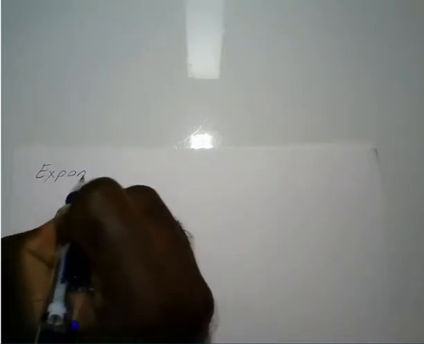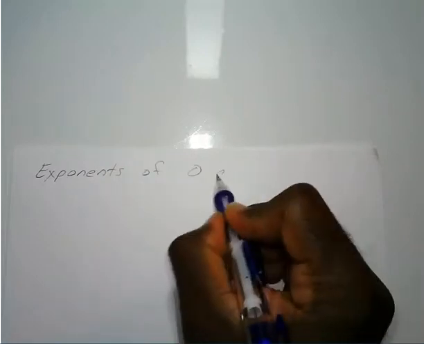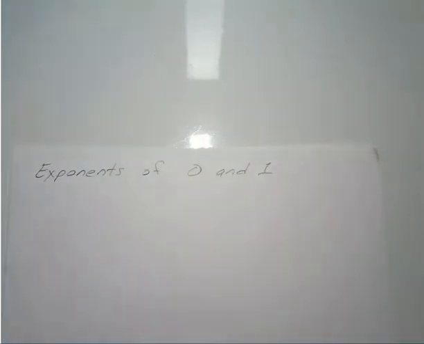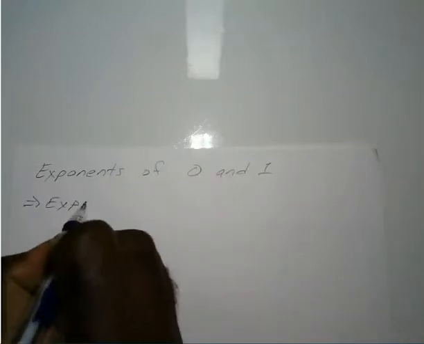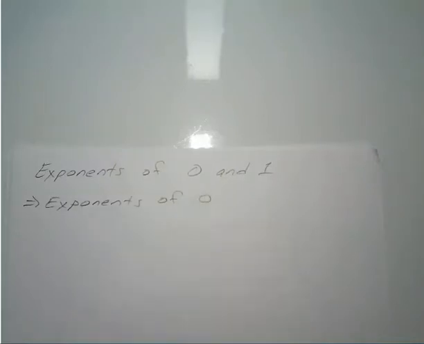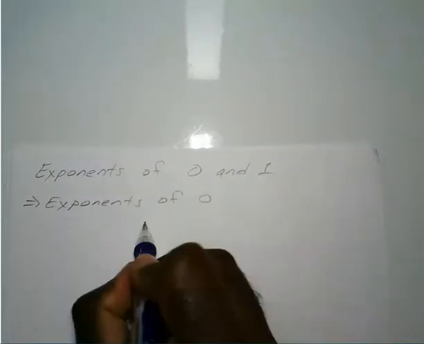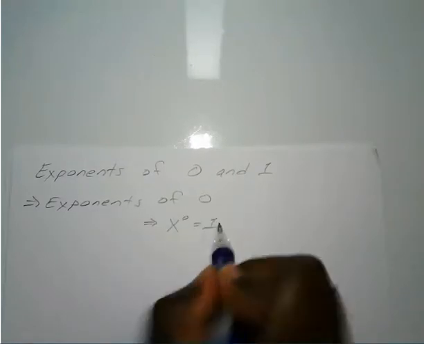Now we're going to look at exponents of 0 and 1. Now we have exponents of 0. Anything raised to the power of 0 is equal to 1.